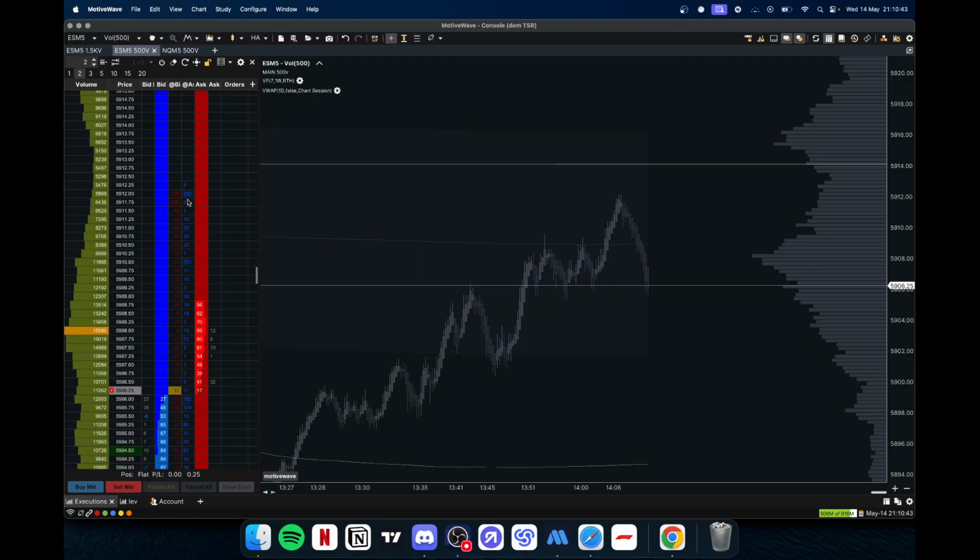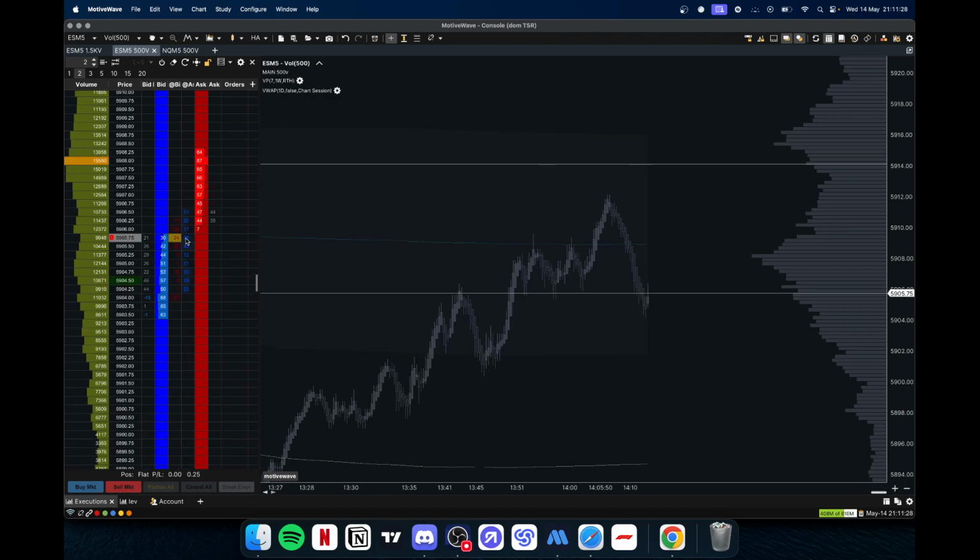There you go, 100 cons. Come back up to the scenario. 100 cons again, same seller. Testing again. Alright, buyers definitely stepped in, as you can see. Much thicker again. We can expect a move to the upside.